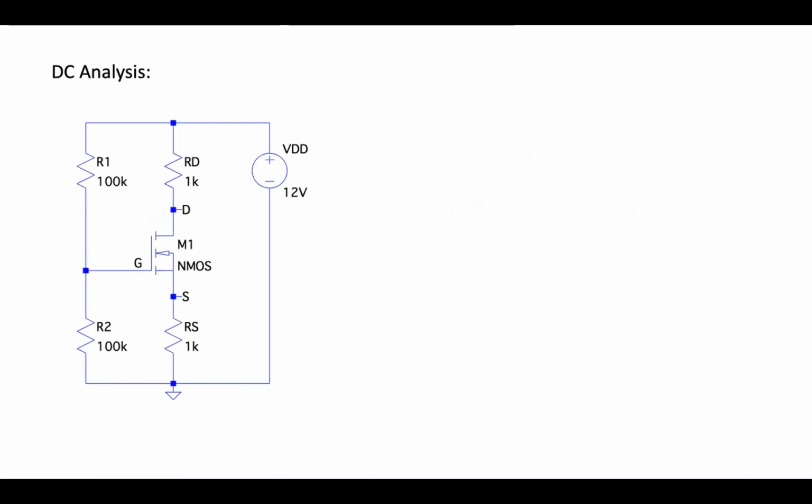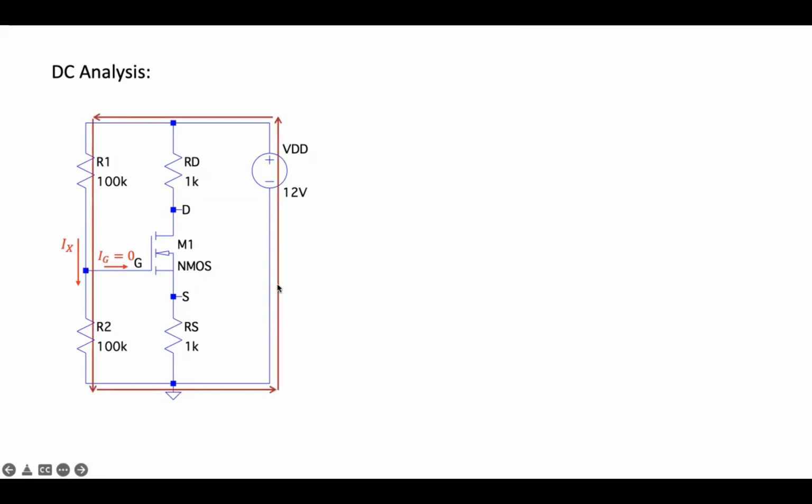So for our DC analysis, continuing with IG equal to 0, the current flowing through R1 will be the same current flowing through R2. All right, then we can have the voltage loop at the input and have this equation.